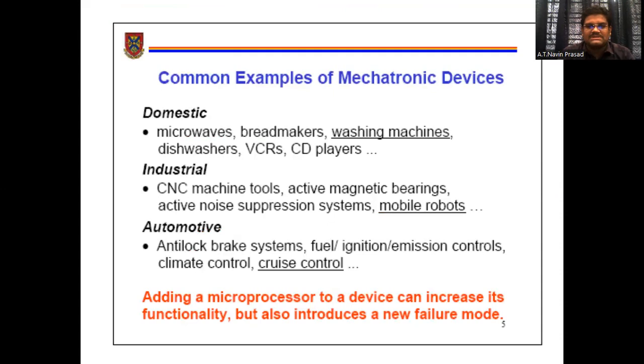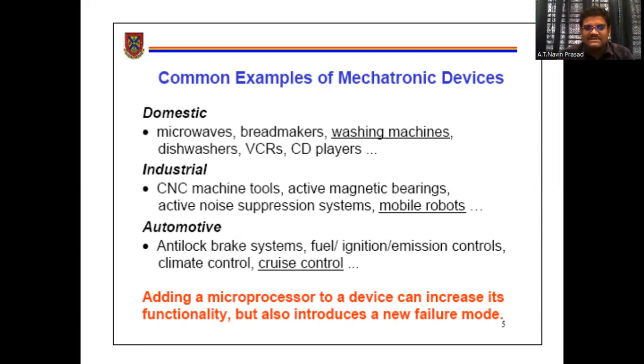These are the common examples of mechatronic devices. In domestic applications, we have home microwaves and bread makers. Most of us have washing machines, dishwashers, VCRs and CD players at home. In upcoming slides, I'm going to explain the washing machine in detail. It's the best example. In industrial applications, we use mechatronic devices for CNC machine tools, active magnetic bearings, active noise suppression systems, and mobile robots.